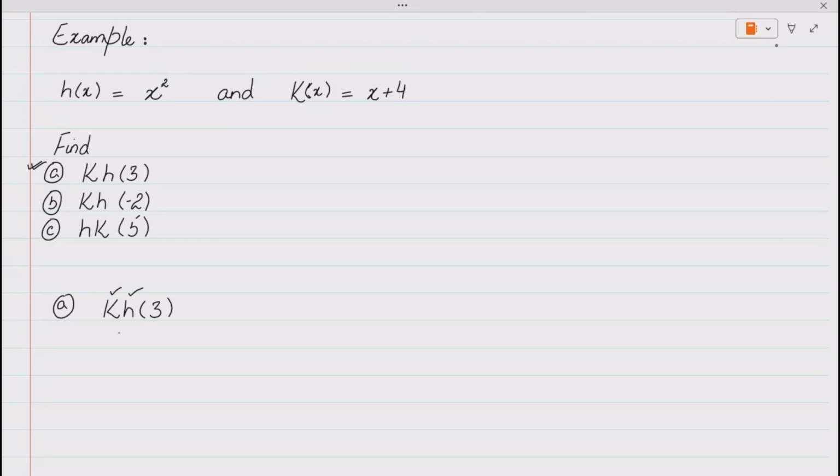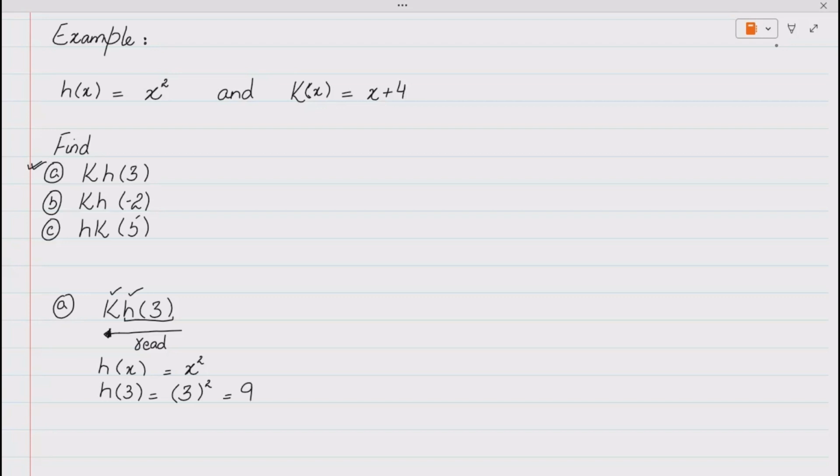We read it from right to left. So the first thing we have is this 3 with h. So what do we have to evaluate first? h of 3. And what is h of 3? h of x is x squared, so h of 3 is 3 squared, which is 9.